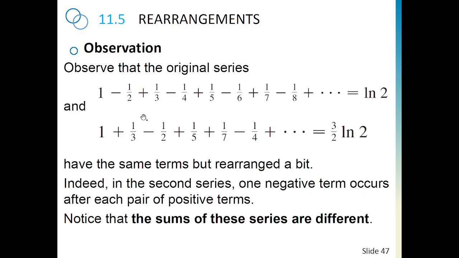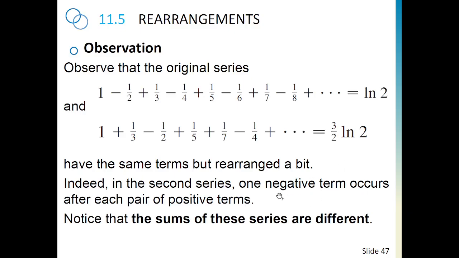So essentially all the terms are there, but they are not in the same order. And we see that if we order them as they appear, the sum is ln 2. However, if we mix a little bit, we get a different sum. And we remember that our alternating harmonic series is convergent, but it's not absolutely convergent.